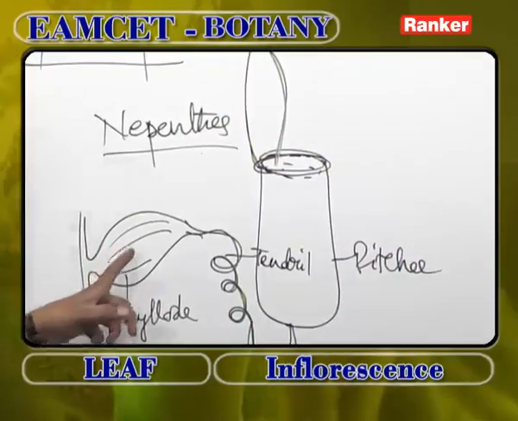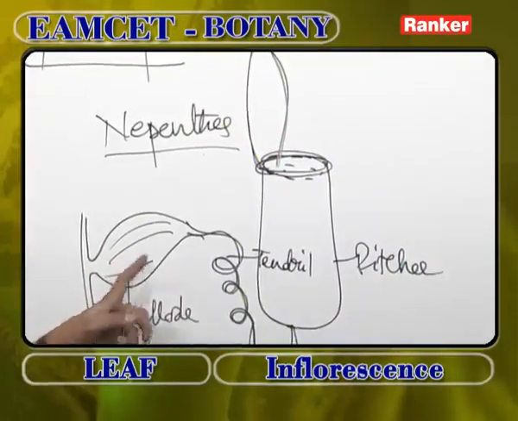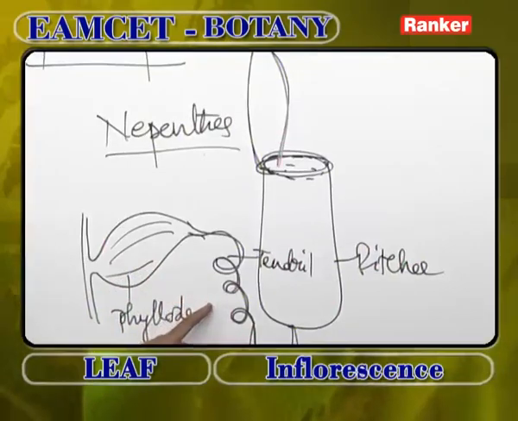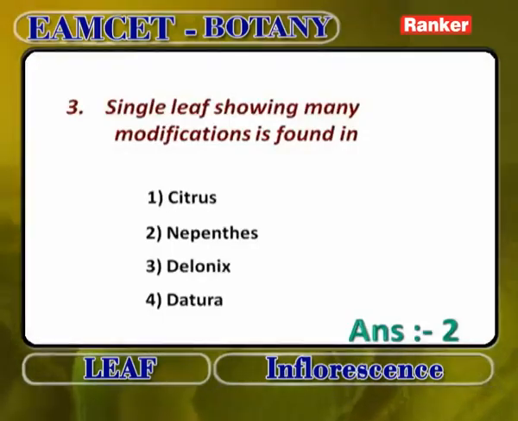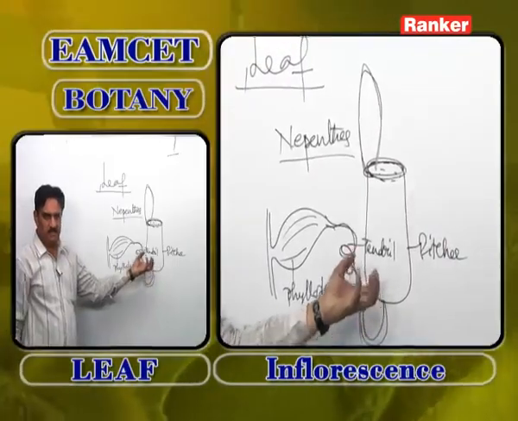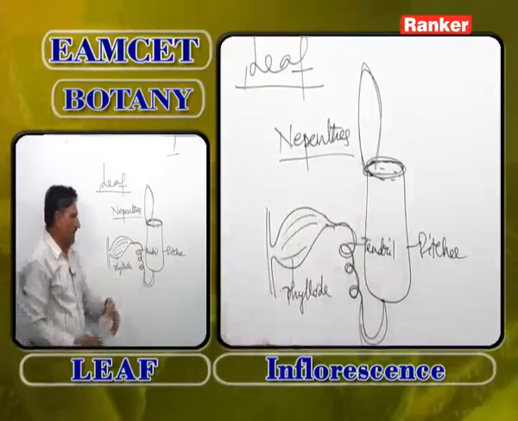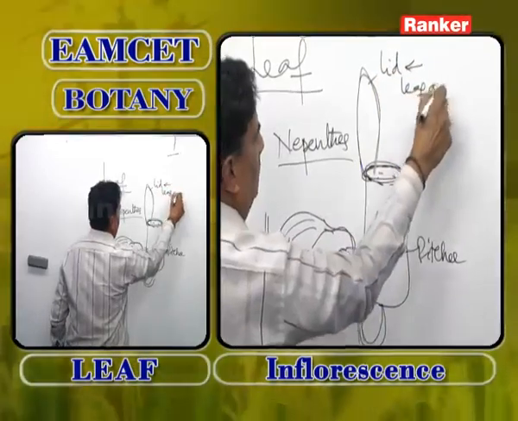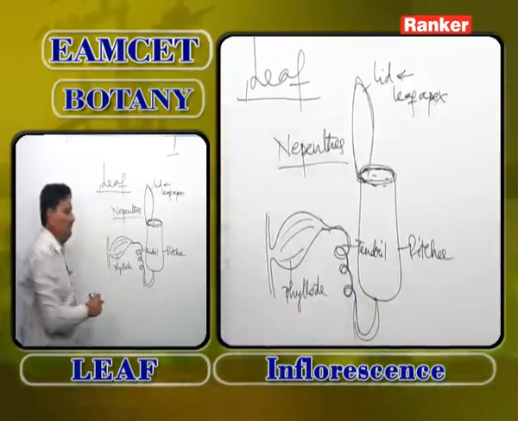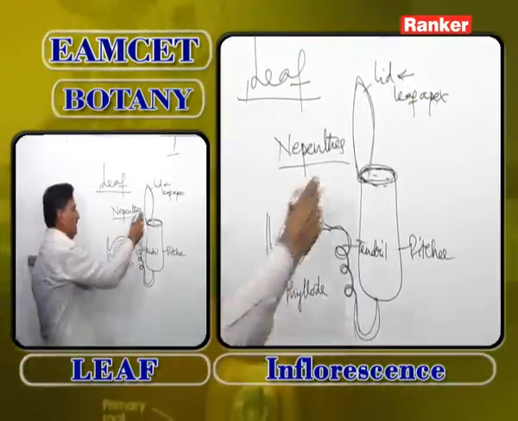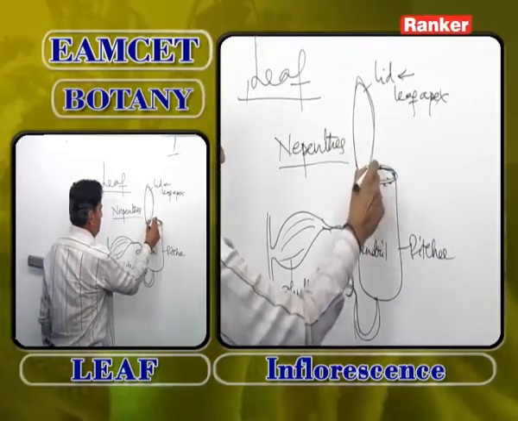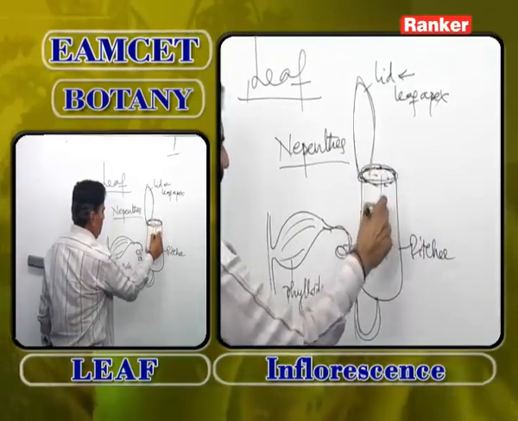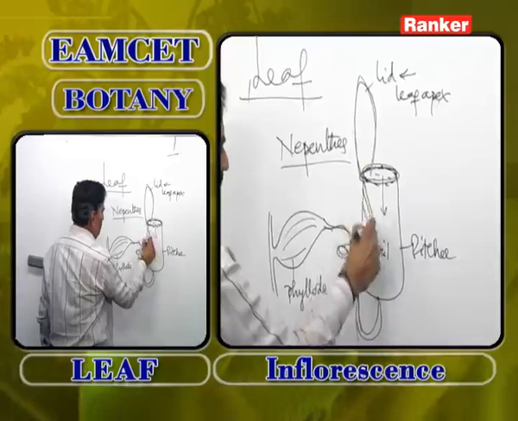So, the lower part of the petiole has become phylloid, the upper part of the petiole has become tendril. The total leaf lamina is modified into a cup-like structure called pitcher. This lid has come from the leaf apex. The lid attracts the insects. The insect comes and sits on this. Because it is slippery, they fall into it.